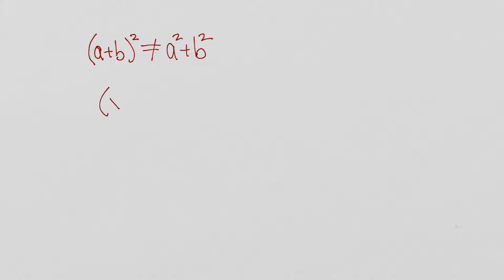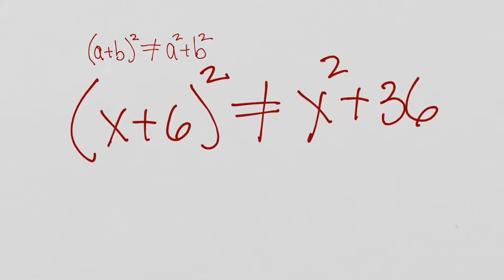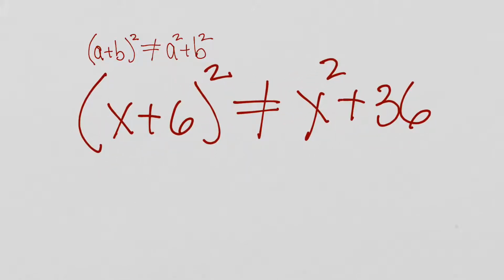So, for example, if you had x plus 6 squared, this is not equal to x squared plus 36. Let's make a big deal out of this. We don't want to fall into this trap. So if you have something that looks like this, x plus 6 squared, this is not equal to x squared plus 36. Let's emphasize that, okay?